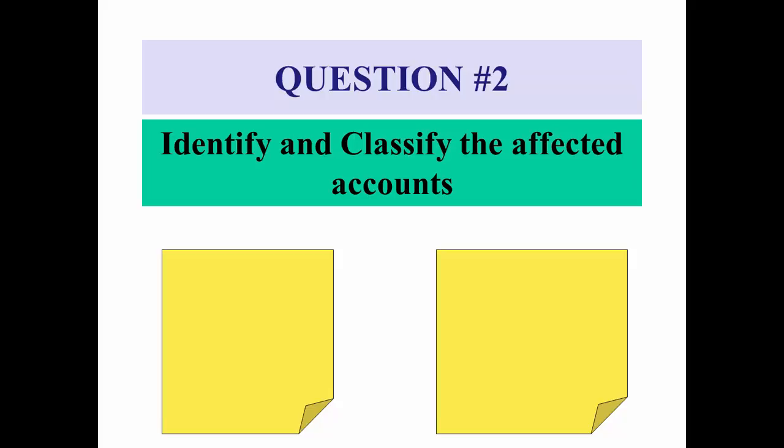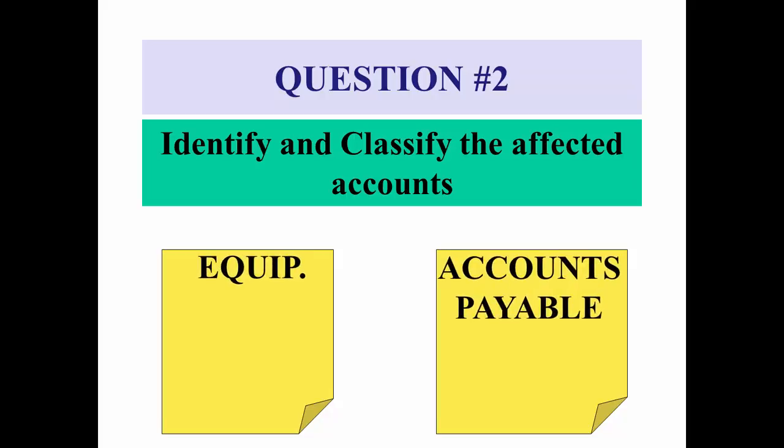And we received a copy machine, and we look under the chart of accounts. We now own the copy machine, so we know that's an asset. We look under the assets and we see that there's an office equipment account. So we're going to use that equipment account and the accounts payable account, the 2 accounts we're going to use.